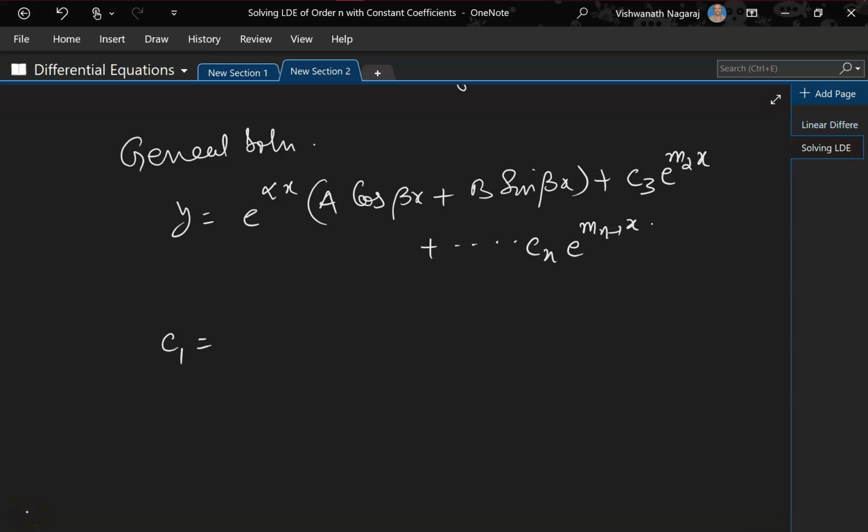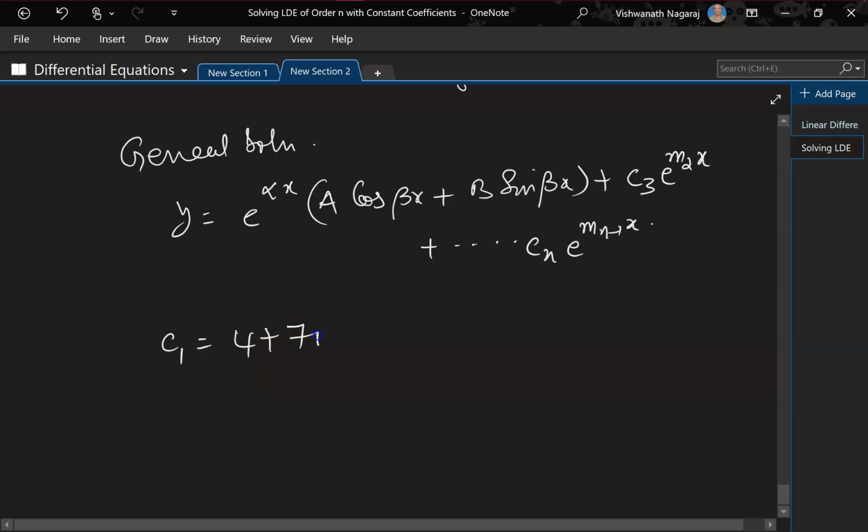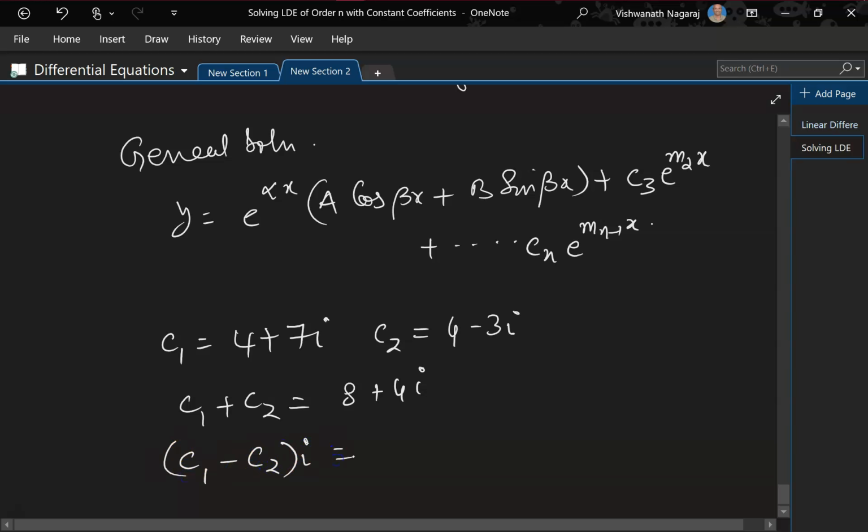Let's say C1 is 4 plus 7i and C2 is 4 minus 3i. So C1 plus C2 would be 4 plus 4, 8, plus 4i, whereas (C1 minus C2) i is equal to (4 plus 7i minus 4 plus 3i) times i.